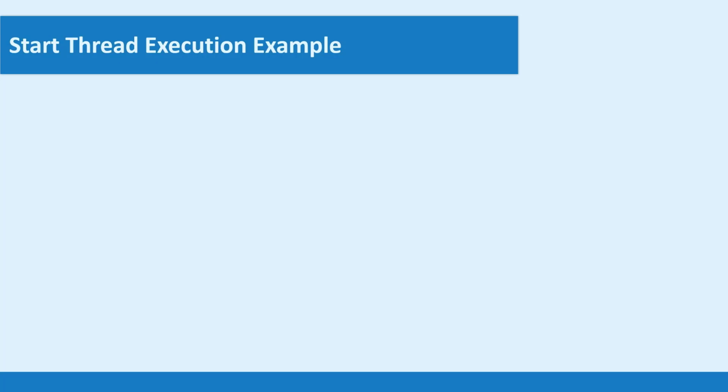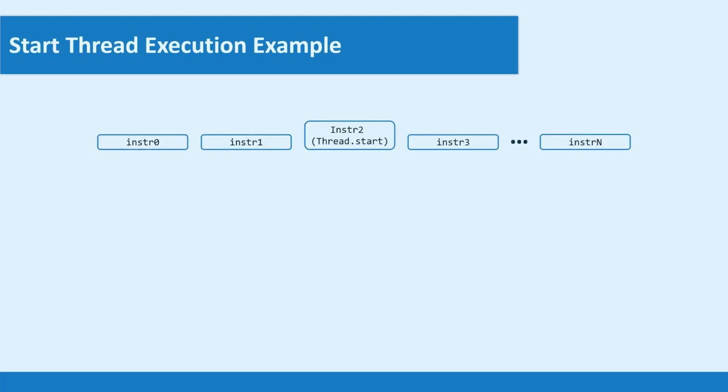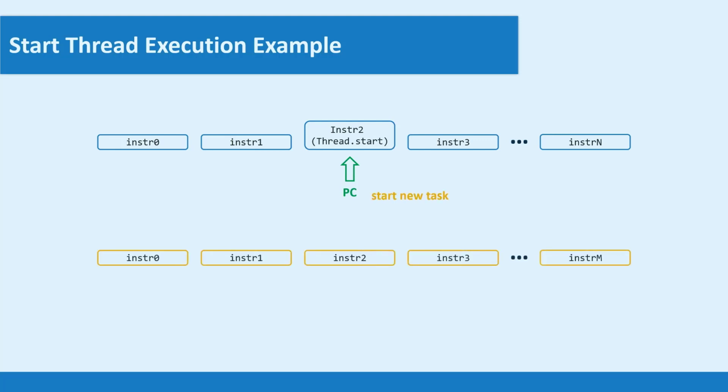And as usual, let me show you a graphical example just to make sure that we are on the same page. So we've got the machine code of a specific task, and then the CPU starts to execute this machine code, and at some point it lands on this thread.start instruction. When this happens, a new task is created. And once you've got these two tasks, the CPU and operating system in collaboration start executing these two tasks concurrently using the preemptive multitasking technique.